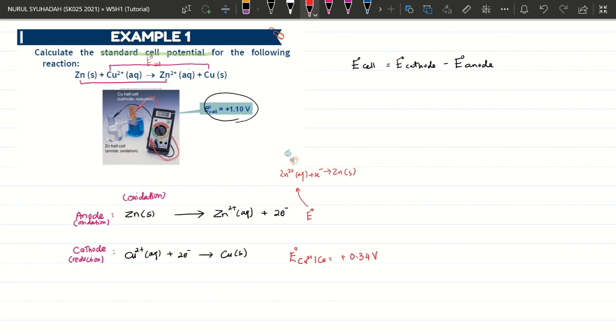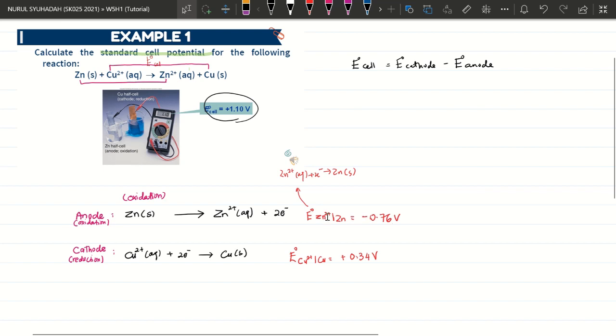The value for Zn2+ to Zn is negative 0.76 volt. Some of you might wonder, since the equation is reversed, must we reverse the sign? No, you don't have to.